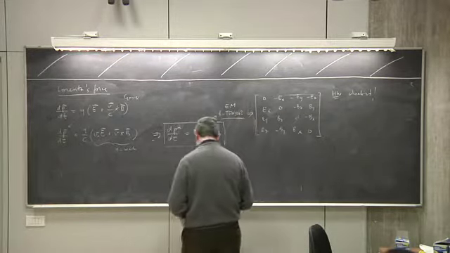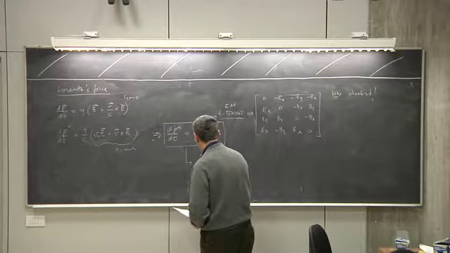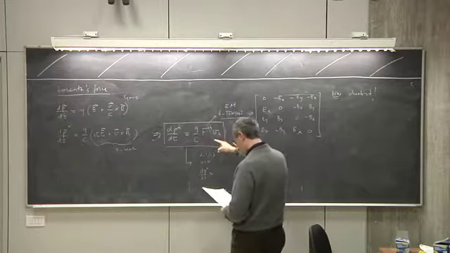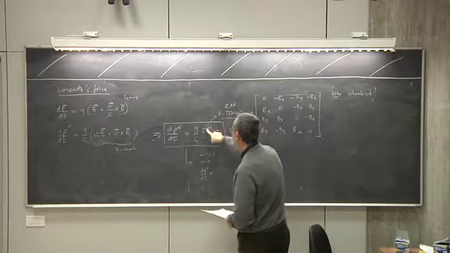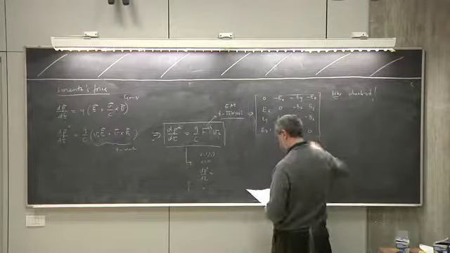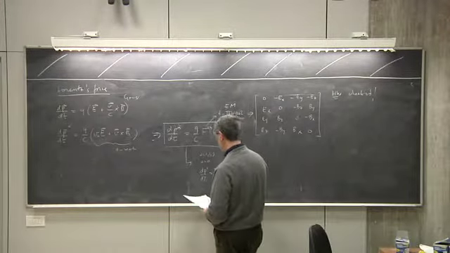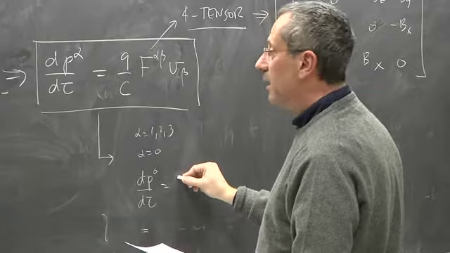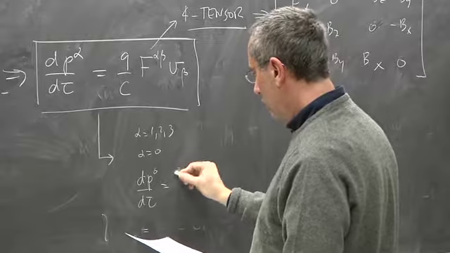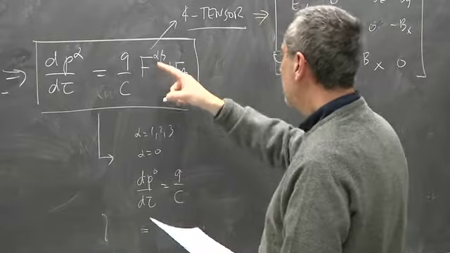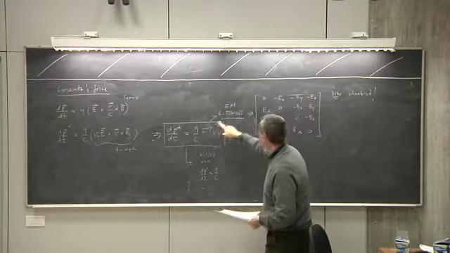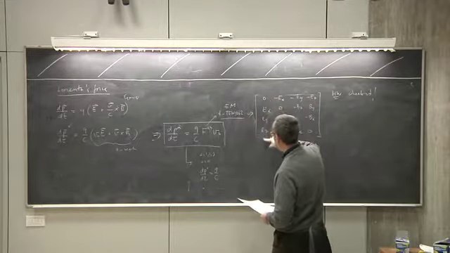How about the time part? So the time part is dP0 d tau. Then I have to pick, so this is now fixed to 0. So I'm reading these components here. And you see that you get the charge QC, then you see this is just the scalar product. You see, you fix this to 0, so you are reading these directions.